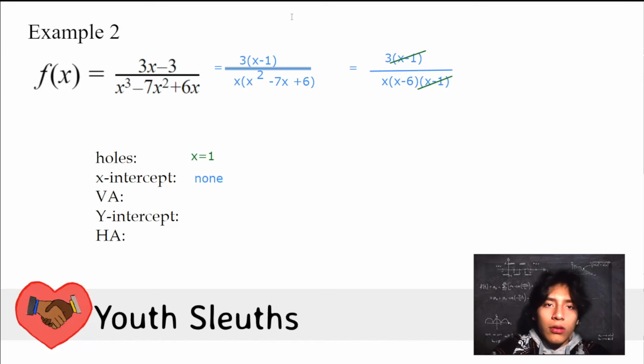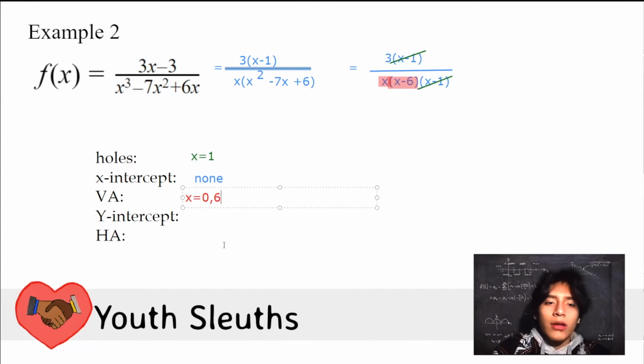And for our vertical asymptotes, we look at our factors that are in the denominator, which is just x and x minus 6. So our vertical asymptotes are x equals 0 and x equals 6.